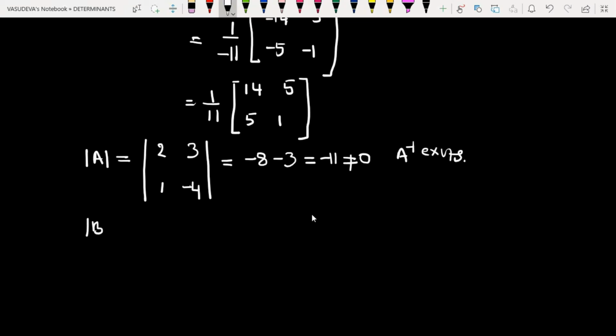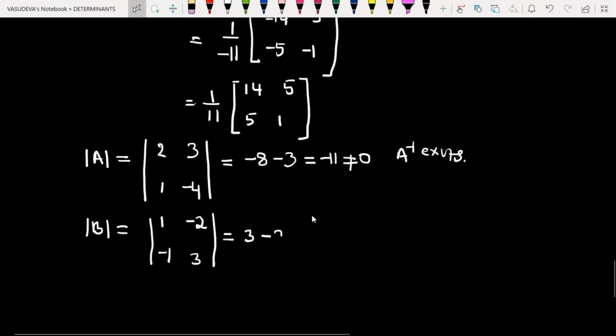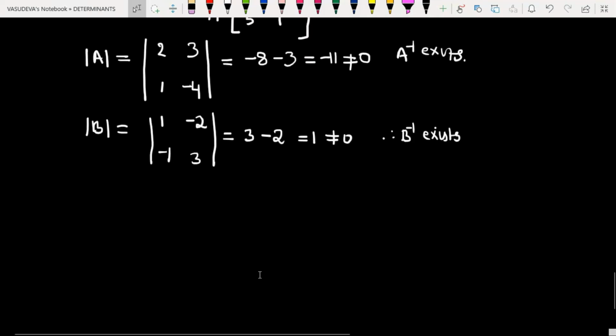Similarly, taking the determinant of B, it is 1 minus 2 minus 1 3. Expanding this, 3 minus 2, so that is equal to 1, not equal to 0. Therefore, B inverse exists. When the matrix is non-singular, the inverse of a matrix exists.